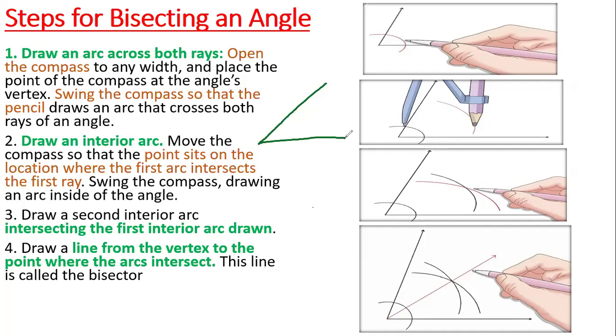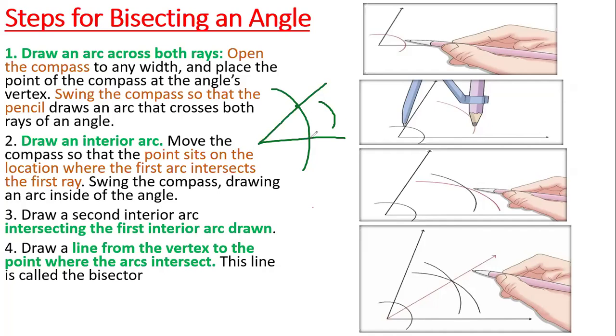Open the compass to any width and place the point of the compass at the angle's vertex. And then swing the compass. No, in your own words, what are we gonna do? Twist the compass right there. We're gonna draw an arc, right? Then we're gonna come to this point and draw another arc.